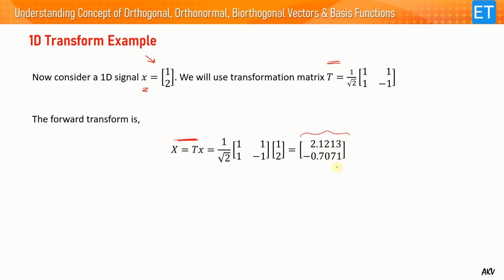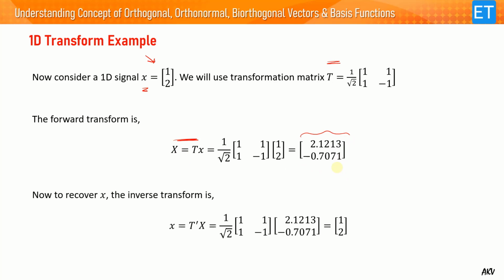These are your frequency domain values, or transform domain values in general. To recover X, you go for the inverse transform, which is simply X equal to T transpose times the transformed values. When you multiply these two matrices, you get your signal back. So here you can see a very simple example of forward transform and inverse transform.